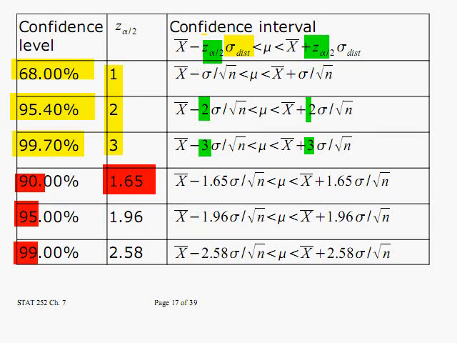If you want to have a 90% confidence level, you have to go 1.65 standard deviations away from the average. For 95% confidence, it's 1.96. For 99% confidence, it's 2.58. That makes sense, because to get 99.7, you have to go 3. Right? The more confident you want, the bigger the interval. If you have a real small interval, you're not so sure, the confidence level drops.